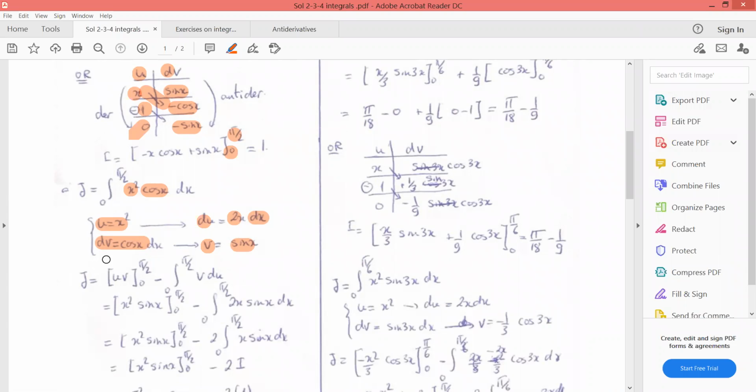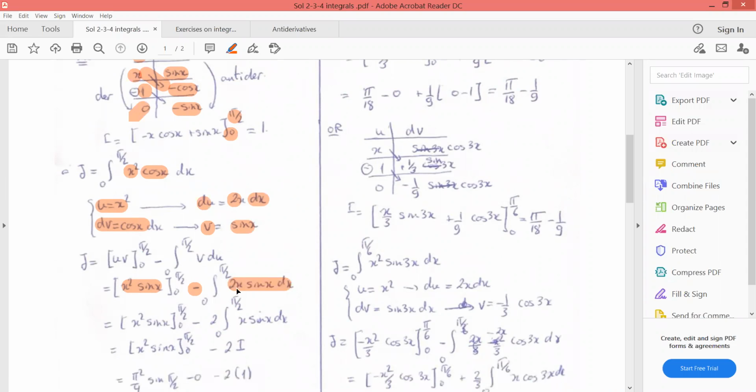So I is equal to uv, u times v, x squared sine x, minus v du, which is 2x sine x dx. The constant 2 goes outside the integral.